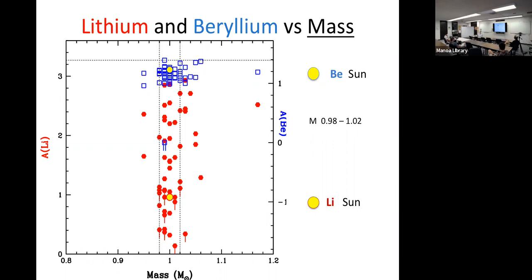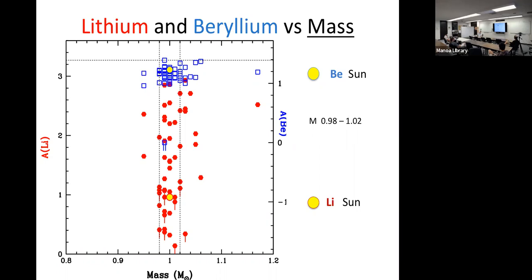We got a solar spectrum of the daytime sky for beryllium. And so that yellow dot up there with the beryllium is our result for the sun. And down below the yellow dot circled in red with the red points is a similar, but not ours, result for the sun.